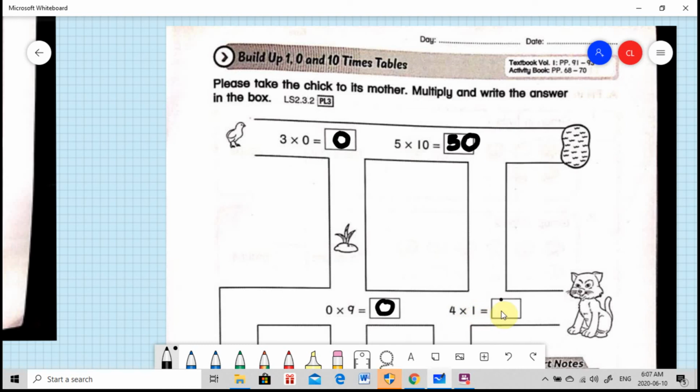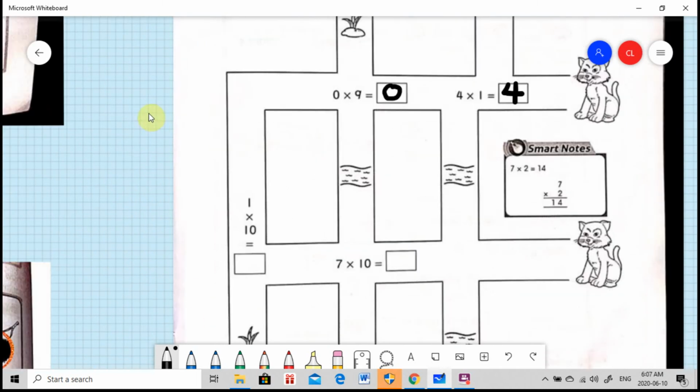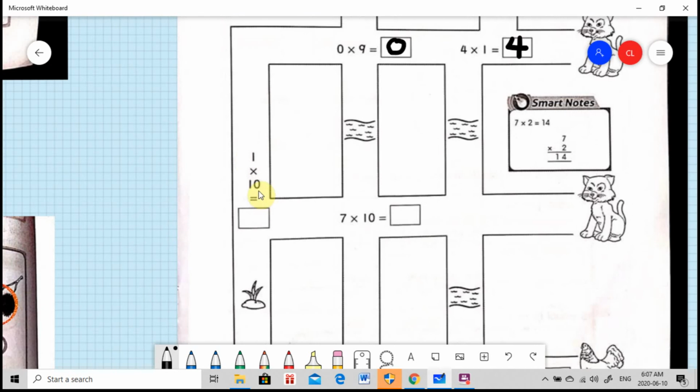So we have here 4, right? So 1 times 10, again, we first write down the 1. So we write down 1. And then put a 0. Since it multiplies with 10, you just put a 0 next to it. So 1 times 10 is 10.